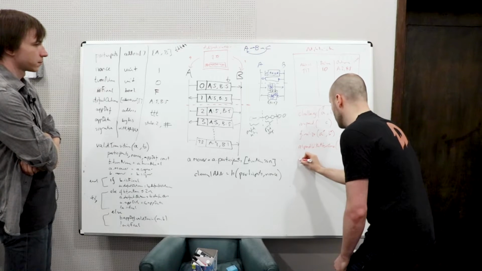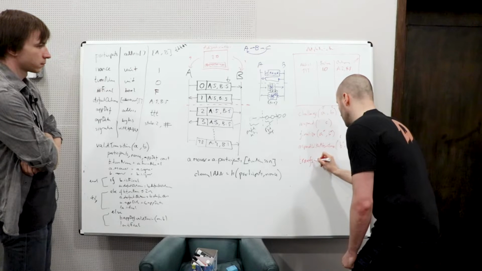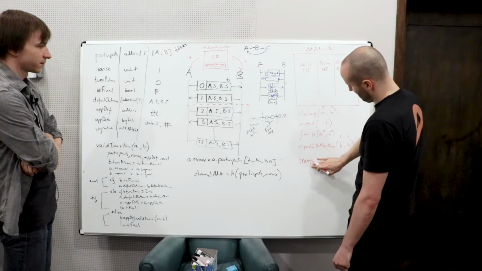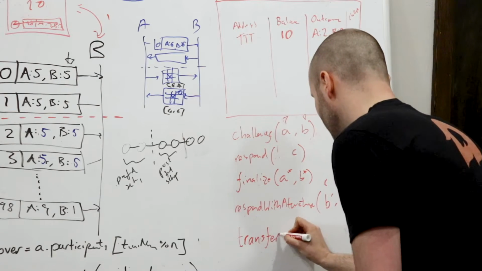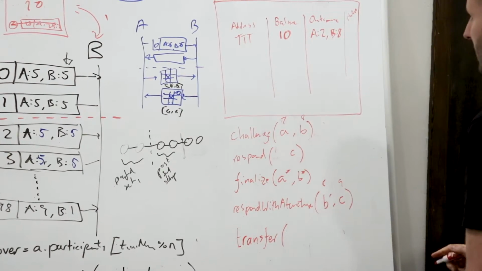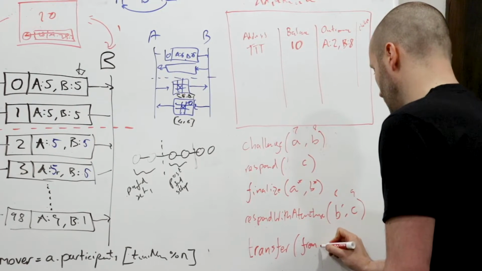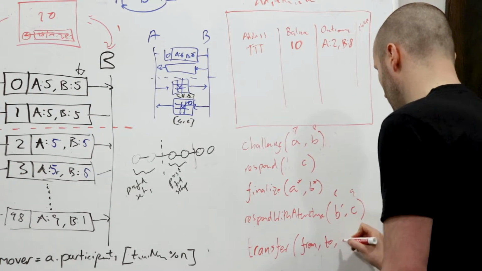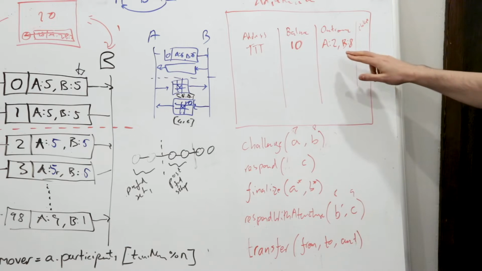There's another method on the adjudicator called transfer, from, to, and amount. So I call transfer on this.